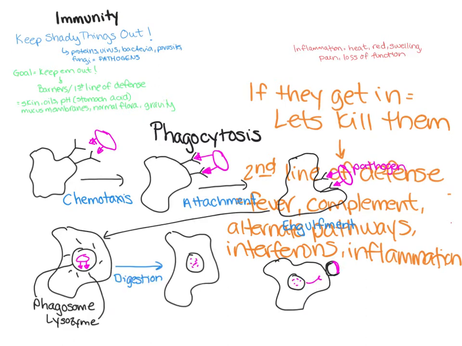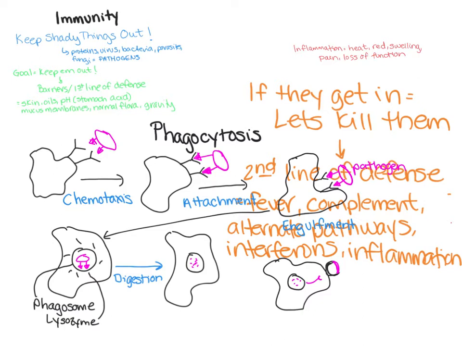Our next stages of phagocytosis are when the pathogen is now inside this white blood cell. A phagosome is going to form, and a bunch of lysozymes are going to start running to this phagosome to start digesting the pathogen that's inside the cell. So you can see digestion is occurring. At the end of digestion, the phagosome is just going to have broken up chunks of pathogen in it.